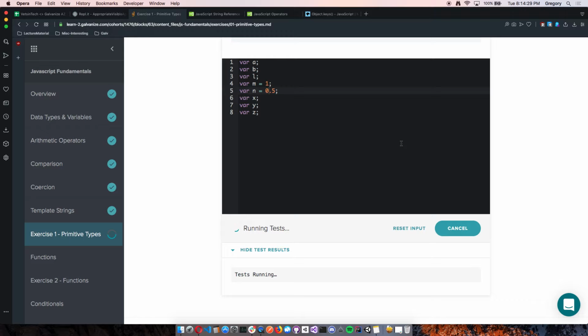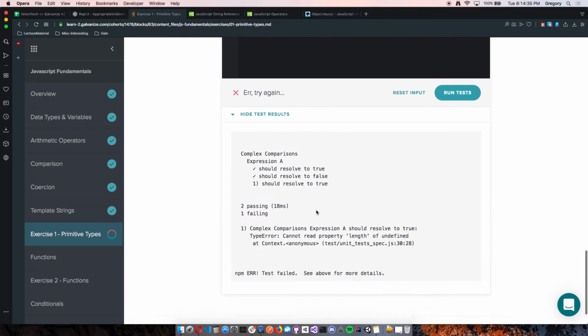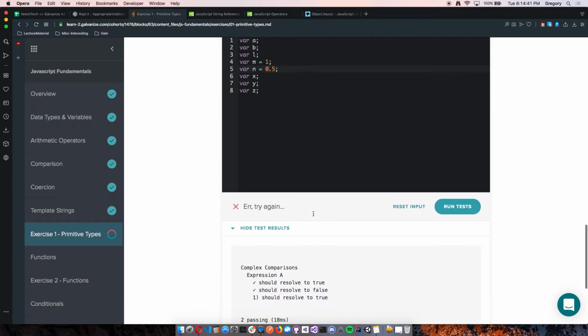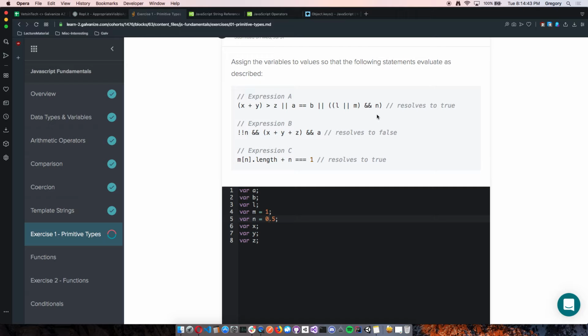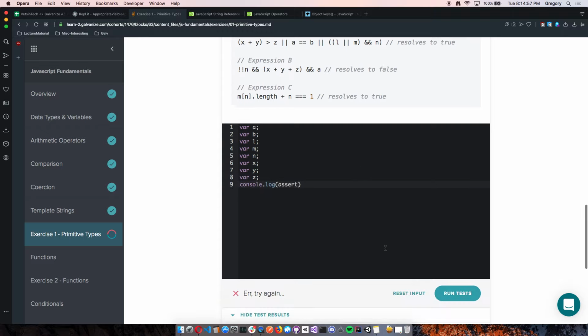I have a feeling like as I do this, then the other tests are going to start breaking. Ooh, it didn't like that. Oh, there we go. Expression A. Oh, we're looking at the wrong expression. Dang it. Expression A is the one. Sometimes you can come in here and you can do this.